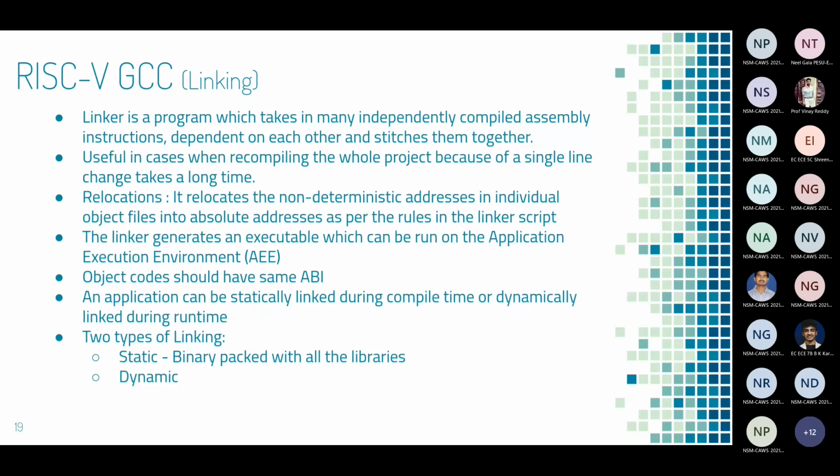So linker is a program which takes in many independently compiled assembly codes, machine objects, and then stitches them together. So in cases where you have a huge project, let's say like Ubuntu, the operating system itself, you do not want to spend time recompiling the entire code base just because of a single line change. So that's where linker steps in.